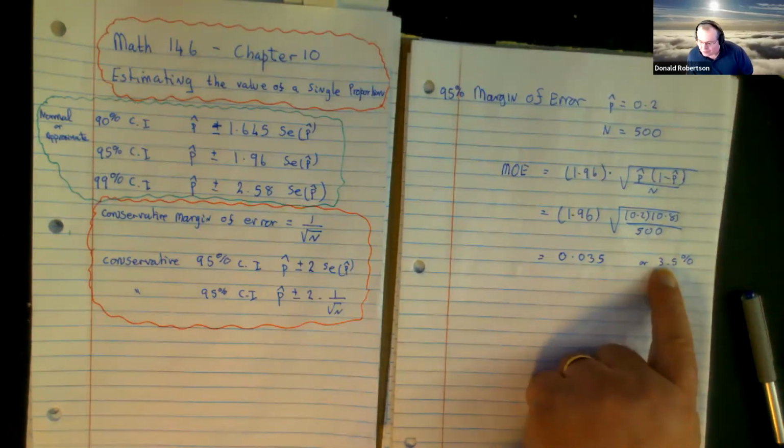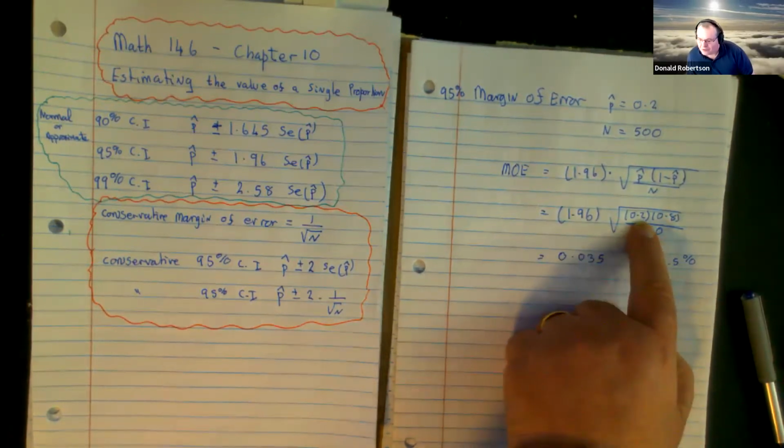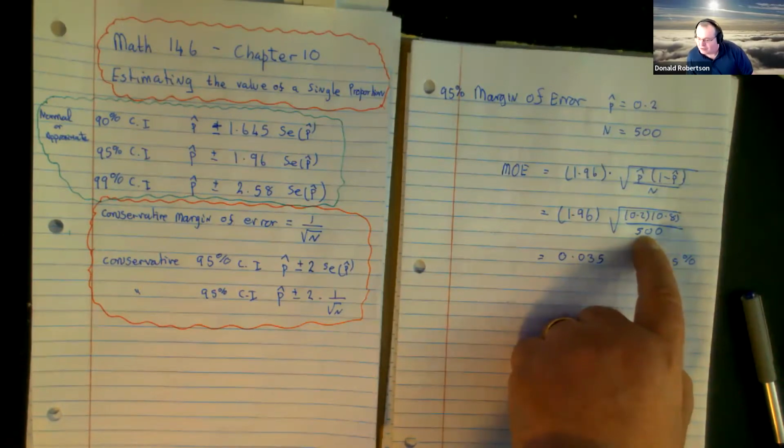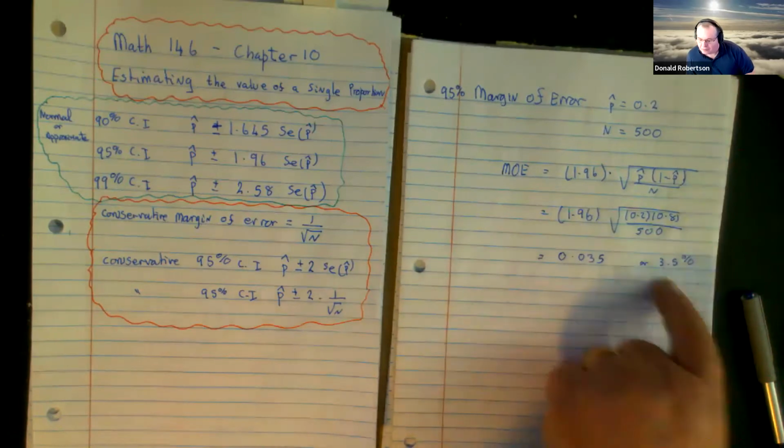If you ever wondered where the plus or minus 3.5% came from, now you know. You see where it comes from? It comes from 1.96 times the square root of the people who said they were voting for the guy, times the people who said, I'm definitely not voting for the guy, divided by the number of people you talked to, right? And that calculation gives you margin of error.